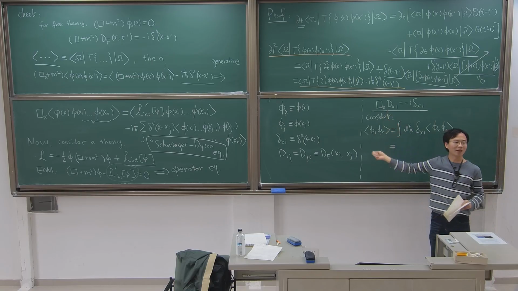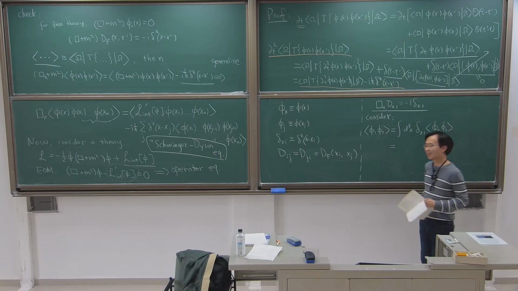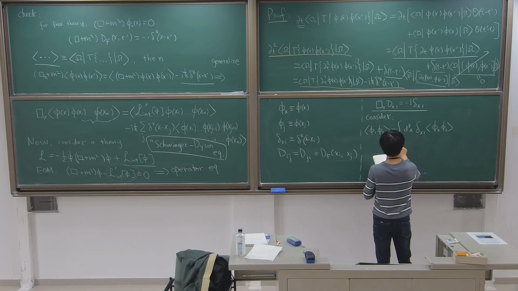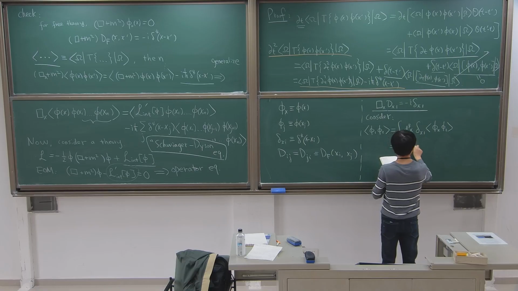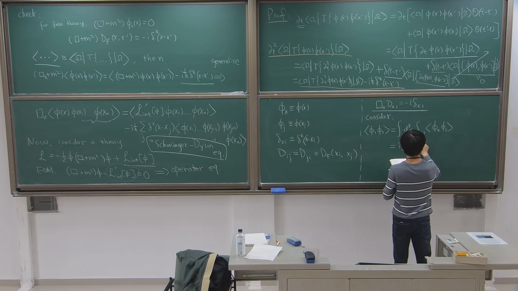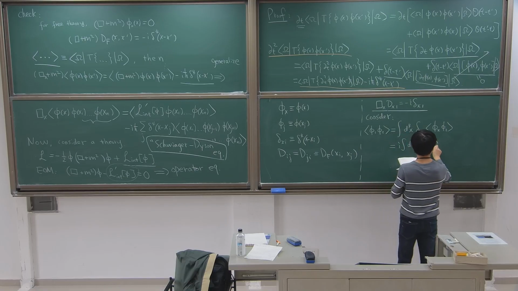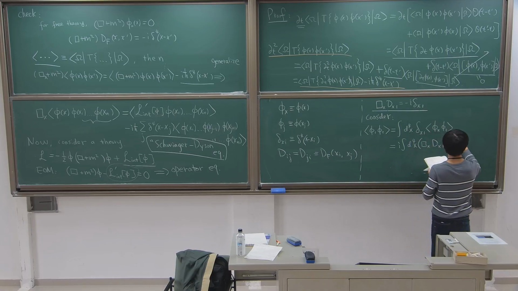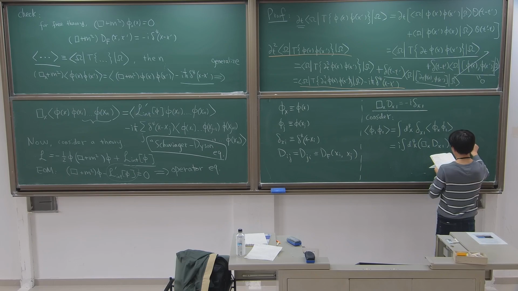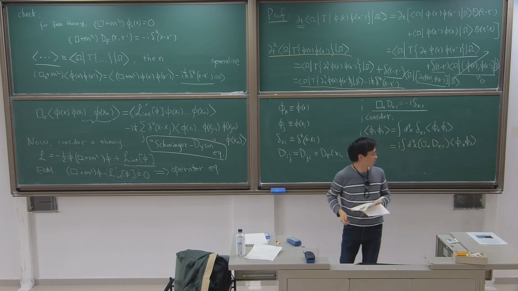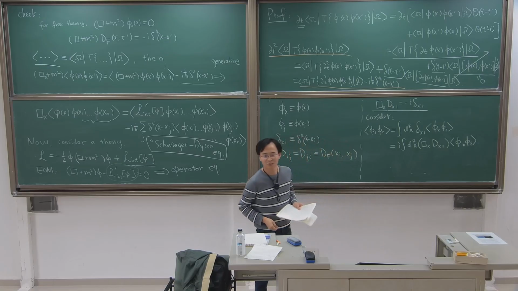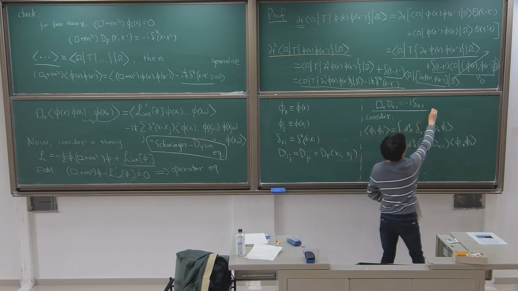I just try to play some games. So this will equal i, integral dx, box x acting on delta x1, with phi x and phi 2. You should agree with this equation too, right? But I just made use of this one.